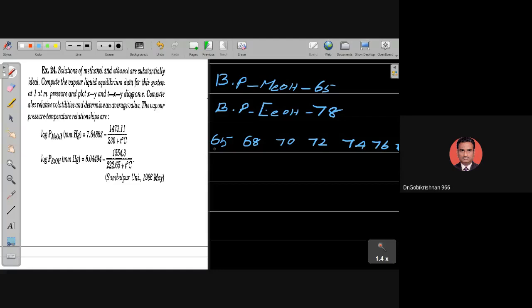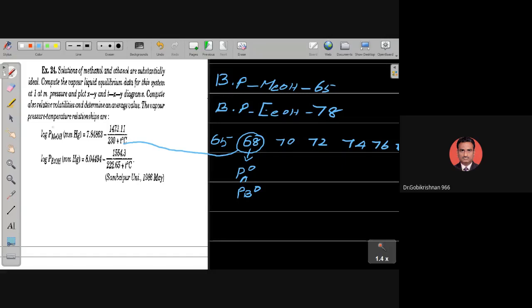For each and every temperature, I have to find the equilibrium vapor pressures PA0 and PB0. To find that, we just substitute the value of 68 here and find the vapor pressure.